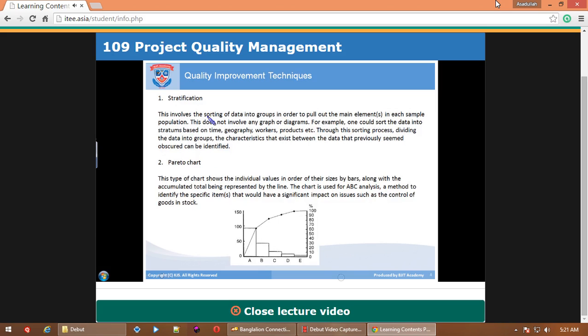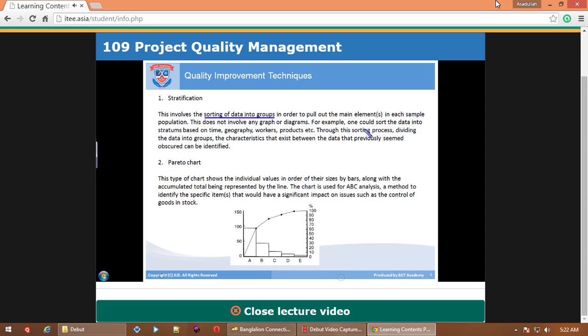Let's discuss the individual techniques one by one. One technique is stratification. This technique involves sorting of the data into groups to pull out the main elements in each sample population. So there is no graph or diagram for this sorting of data into groups.